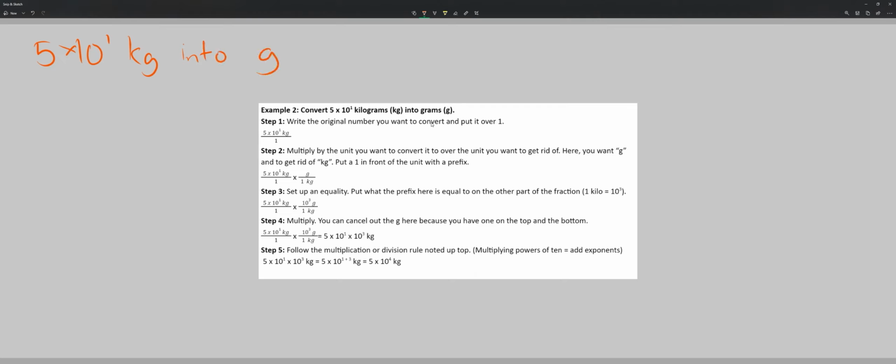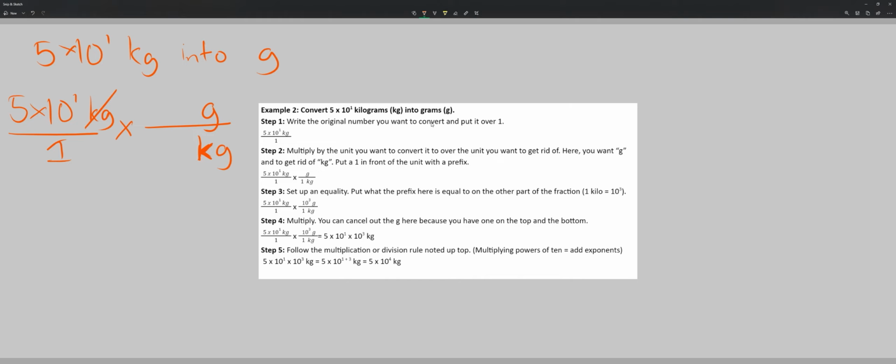So we want to do that. And so again, step 1, you want to write your original number over 1. And then we're going to multiply by the unit we want, which is g, and the unit we want to get rid of goes on the bottom.